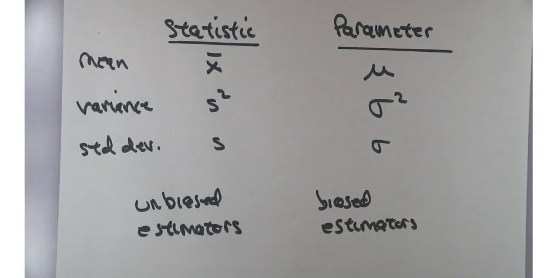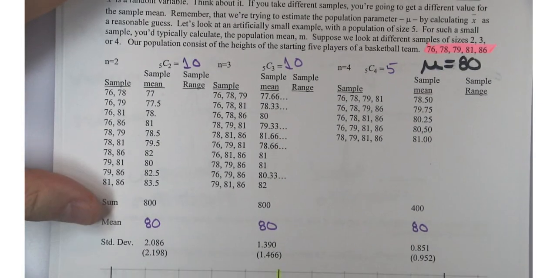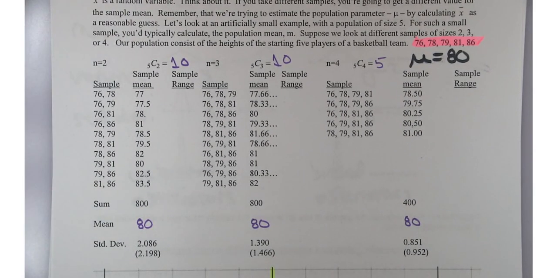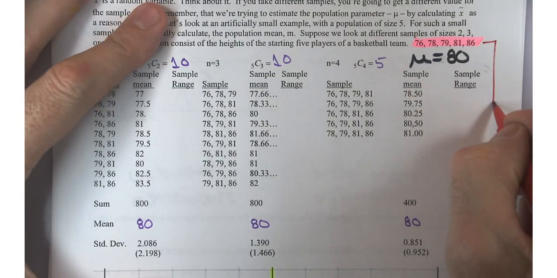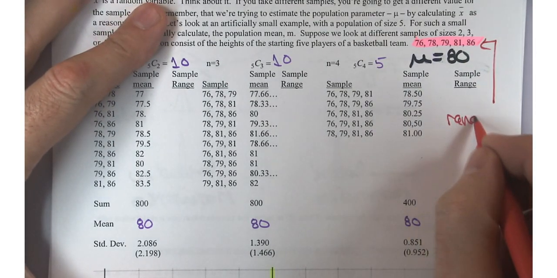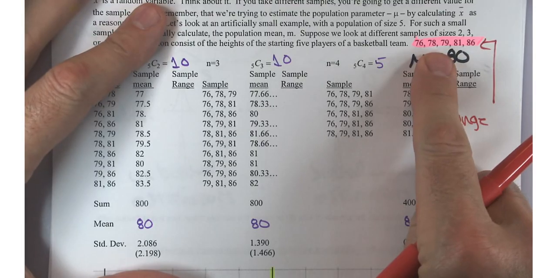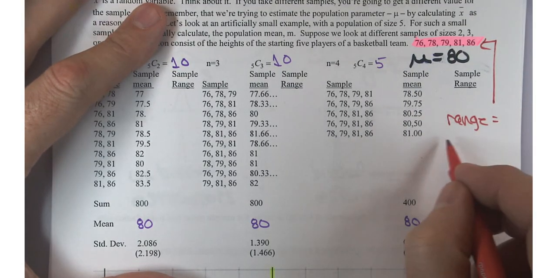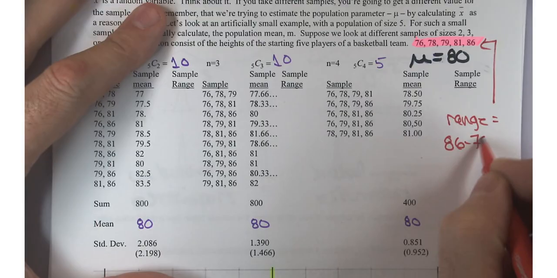Let's gain some insight into this by looking back at our sheet here. Do you remember what the range of a set of data is? Thank you, Edmund. Highest minus the lowest. So what's the range of this population worth of data? Yeah, 86 minus 76 is 10.